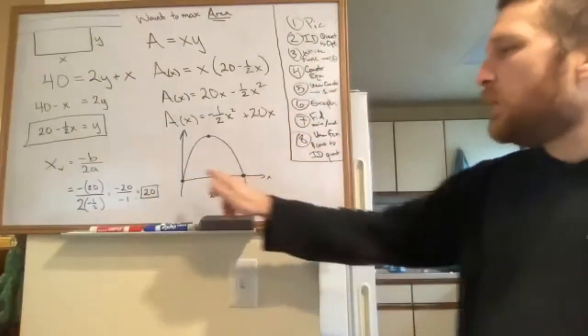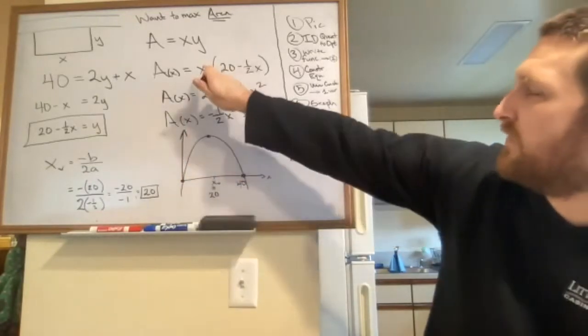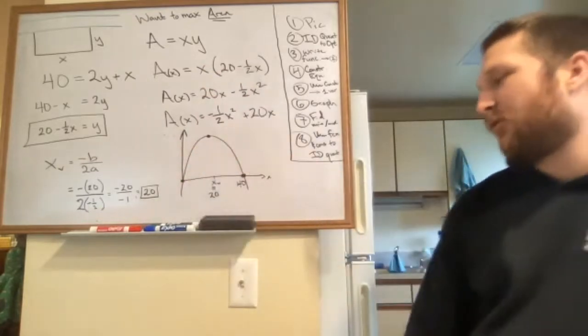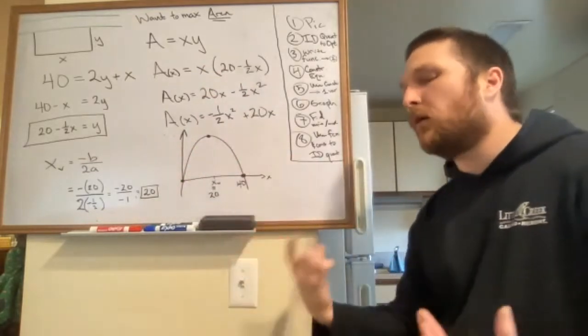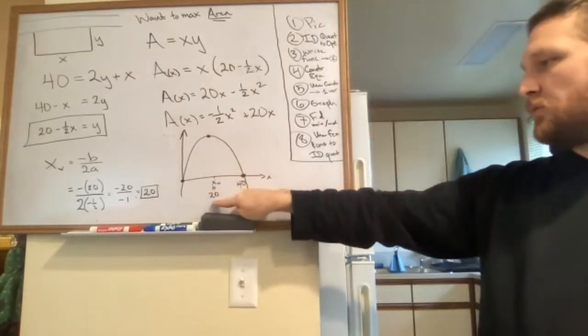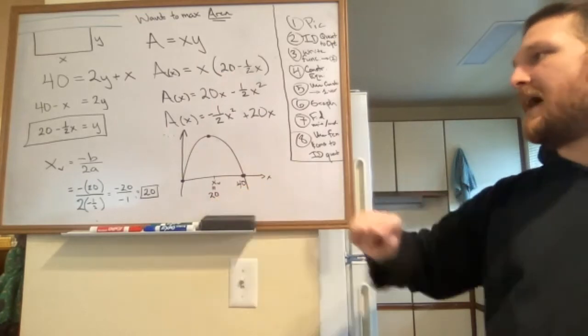This happened to be one that went through here at 0, right? When we found the zeros of this parabola, one was at 0, one was at 40. It always has to be halfway between the 2 zeros. And what do you know? Half of that is that.